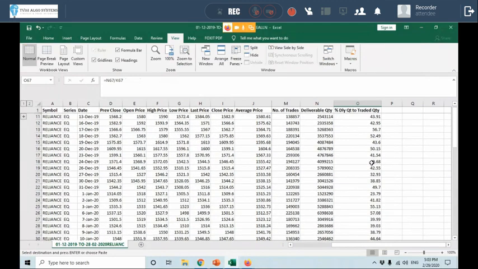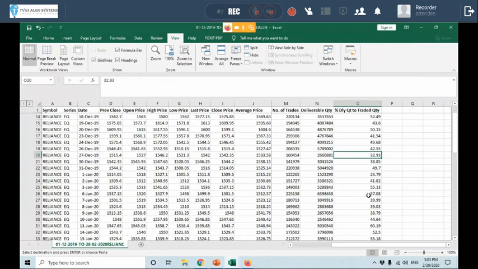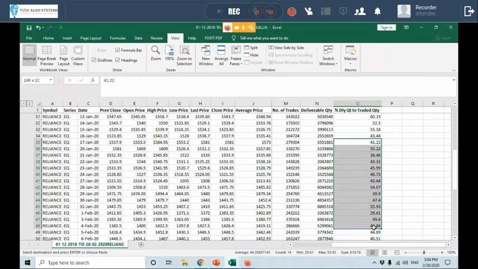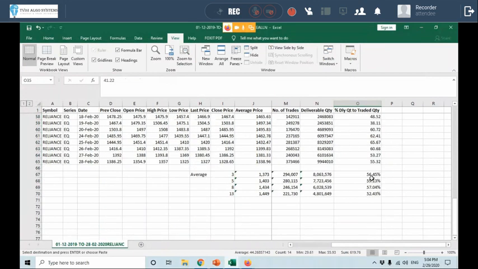And look at the historical levels: 43, 42, 56, 52 is still fine, but majorly you will find it at 40 to 45 level. 39, 44, somewhere it is 60, 55, still 40, 40, 49. This is the average level. And here it is 56. The disadvantage of average is that if you have extremes, you will not capture them in the average.